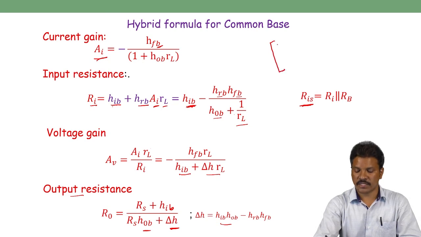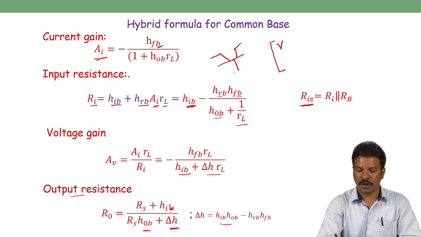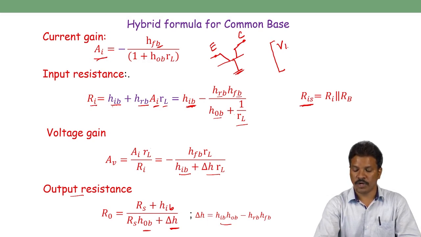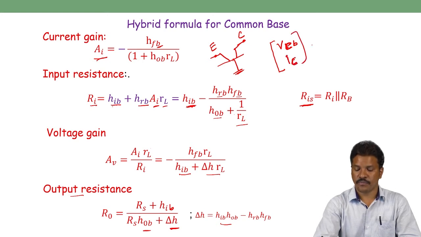The matrix form representation is as follows. Common base means the base is common, the emitter is input and the collector is output. So when the collector is output, the collector current is the output current, and the emitter is input, so the emitter current is the input current. The formula gives input voltage and output current. What is the input voltage here? Input voltage V1 is nothing but VE or VEB, and output current is IC.